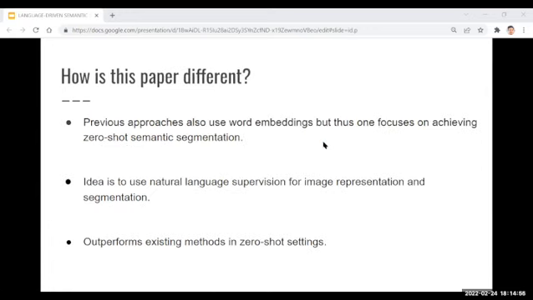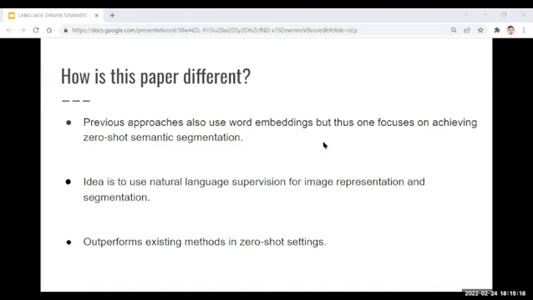So how is this paper different? We are talking about the zero shot approach being tried before, and word embeddings being used before. The focus of this paper is to bring together zero shot semantic segmentation models by using high capacity language models.